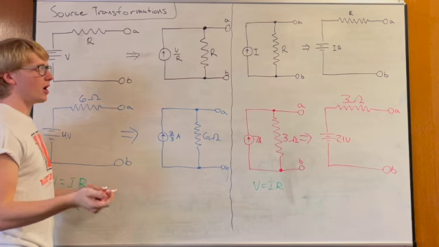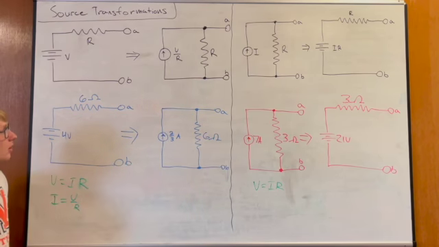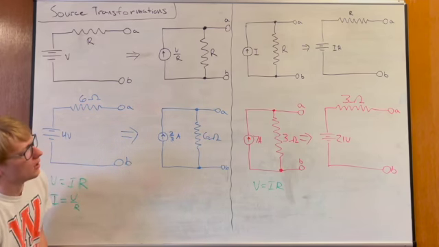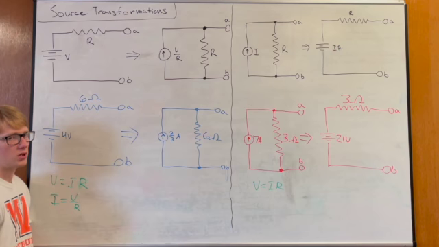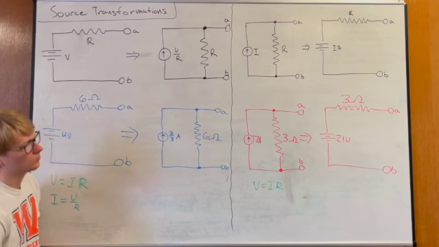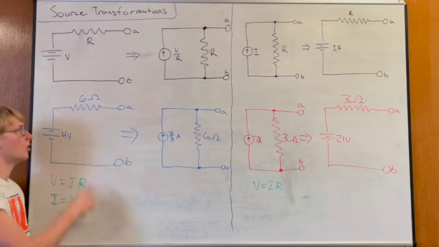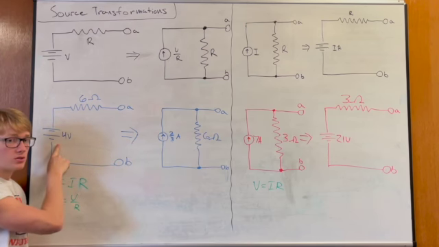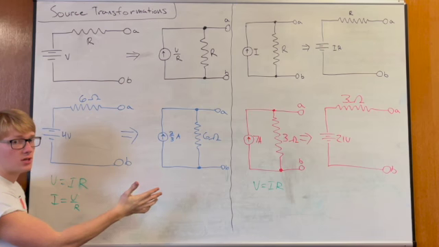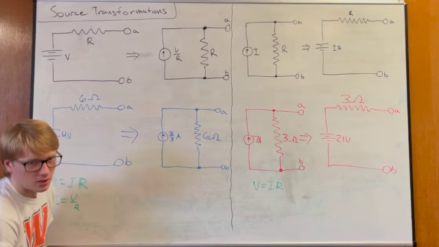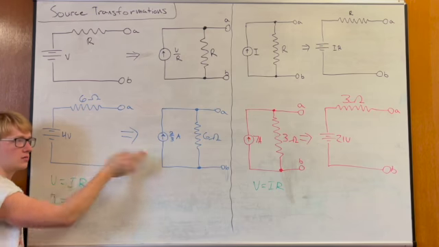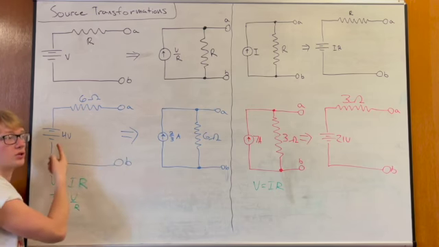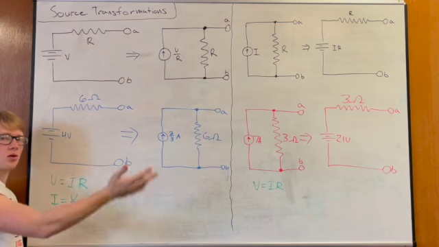And the reason why we do this is if we want to analyze a circuit. So like in Thevenin, or not even just in Thevenin, in anything, if we need an entire circuit to be just current sources, and we have a voltage source, we can translate it to a current source and then have all current sources.